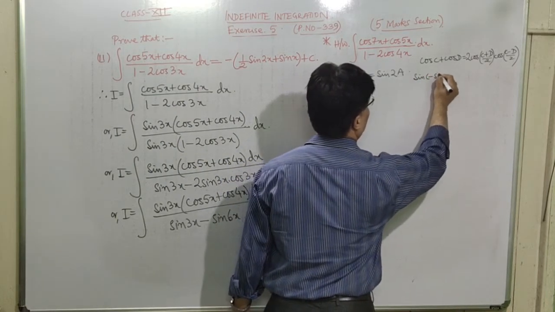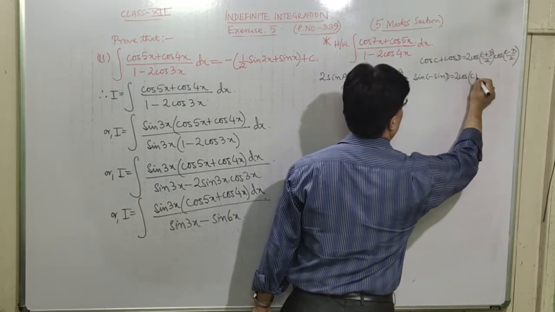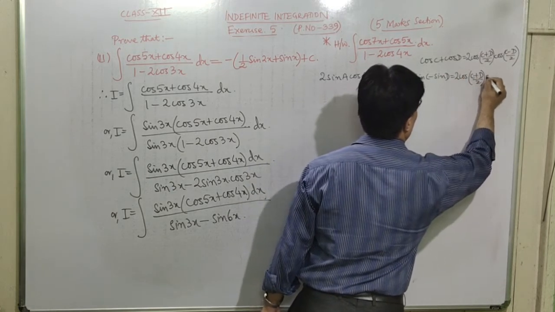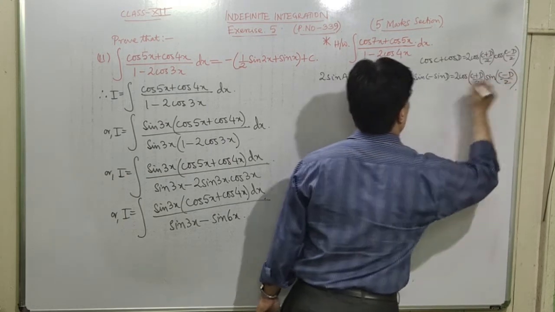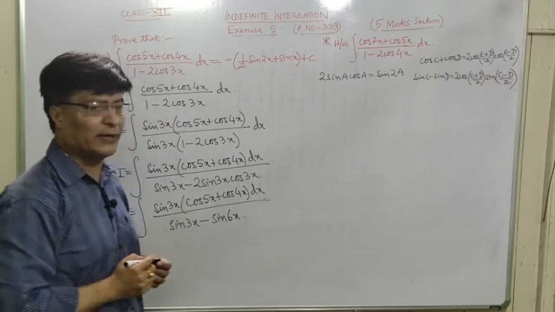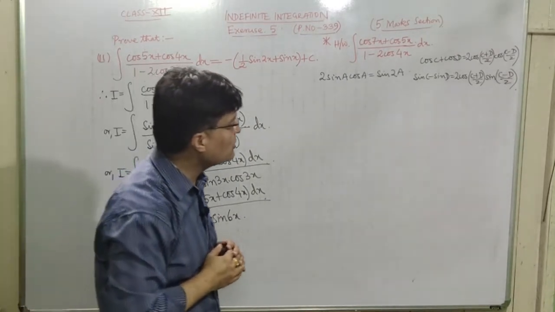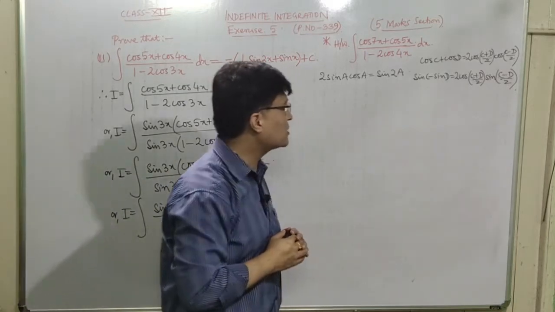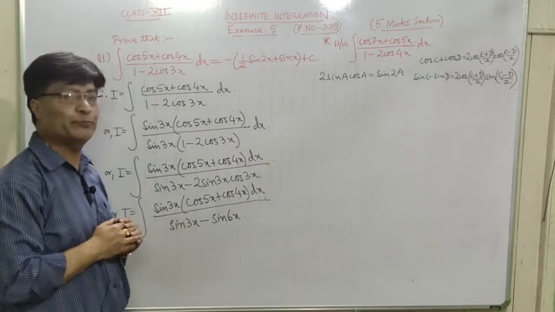Sin C minus sin D is equal to 2 cos (C plus D)/2 sin (C minus D)/2. So you have to use this formula, right? What is cos C plus cos D? 2 cos (C plus D)/2 cos (C minus D)/2. And what about sin C minus sin D? It is 2 cos (C plus D)/2 sin (C minus D)/2.